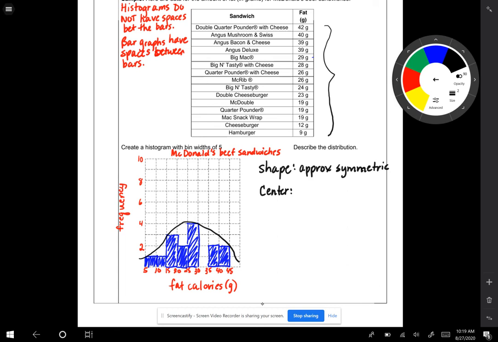So this would be your median. So the median is 26. You can also say the median interval of 25 to 30. If you didn't know the exact values, you would use this as your median interval.